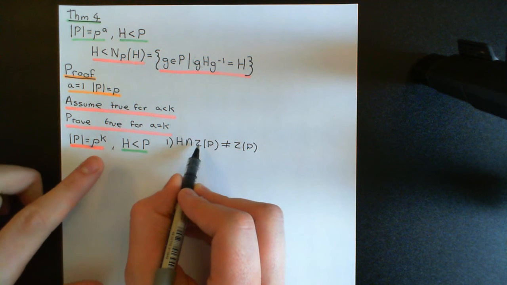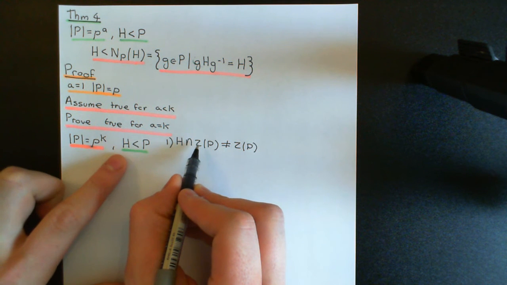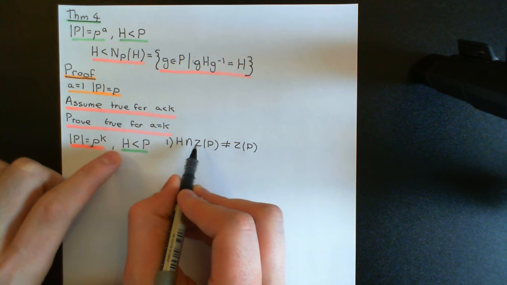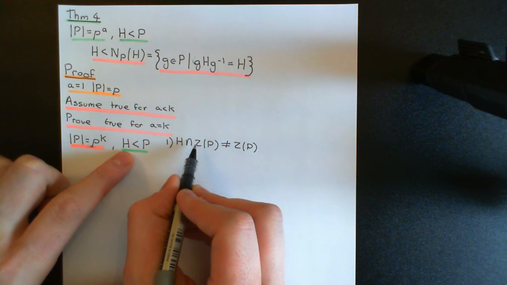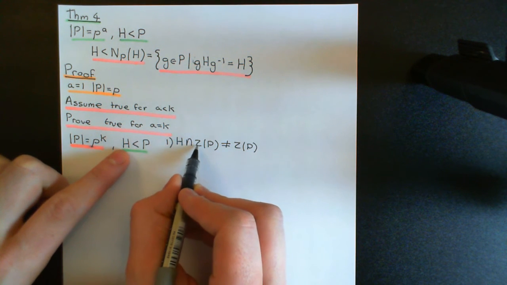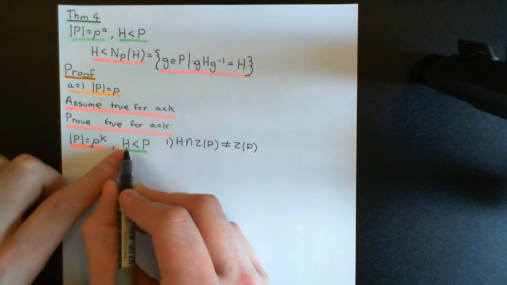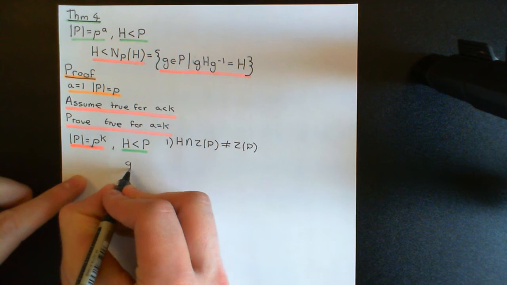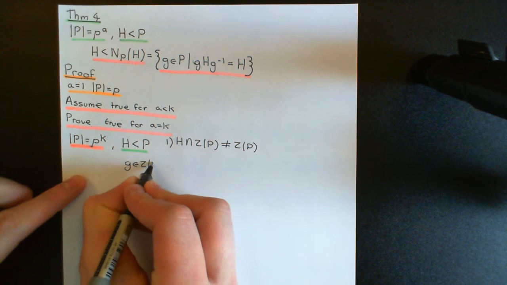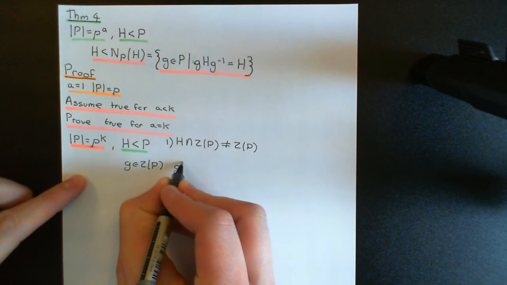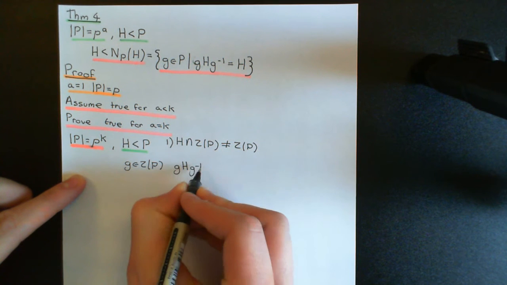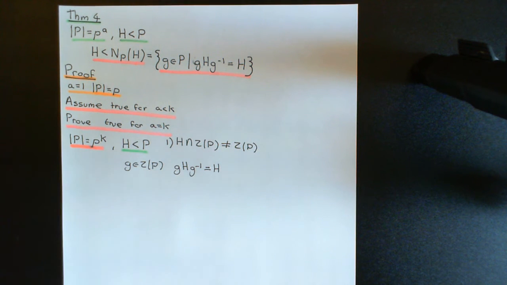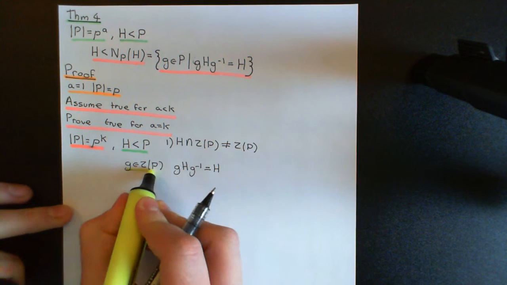Now, why is the centre of P relevant to us when we're trying to show that there are elements in capital P that will normalize capital H that are outside of capital H? Well, my claim is that all the elements at the centre of P are going to normalize capital H. If you use an element, let's say little g, from the centre of the P group to conjugate capital H, you will always get capital H back again, because this element, little g, commutes with all the other elements of the group.